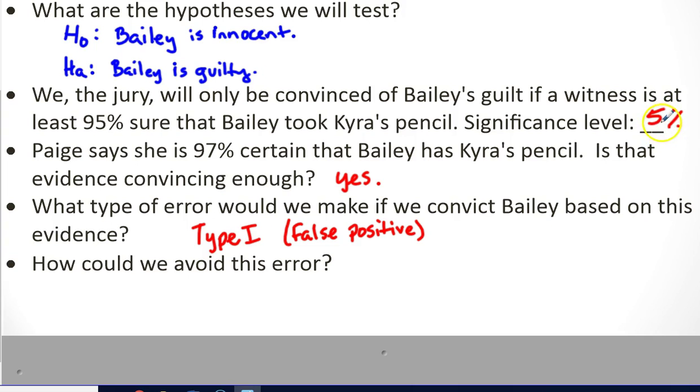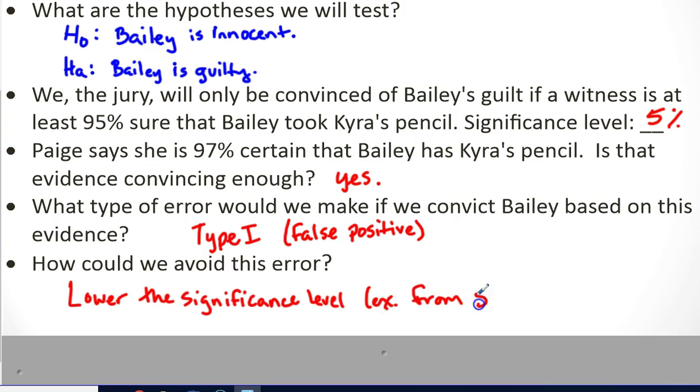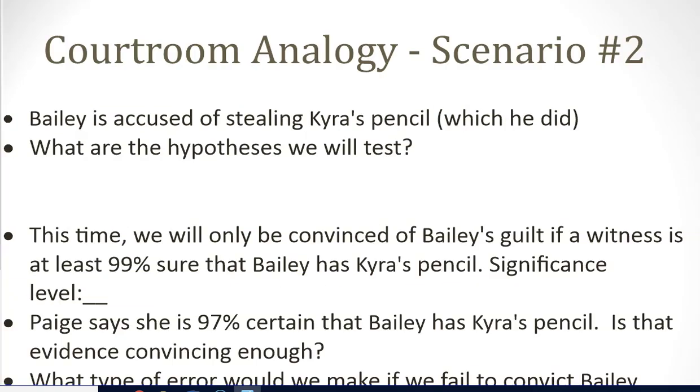In other words, we need a 99% certainty, and then Paige's 97% wouldn't have been good enough. So we can avoid this error by lowering the significance level. Okay, so we're really requiring some really good proof, not much doubt at all, in order to convict Bailey.